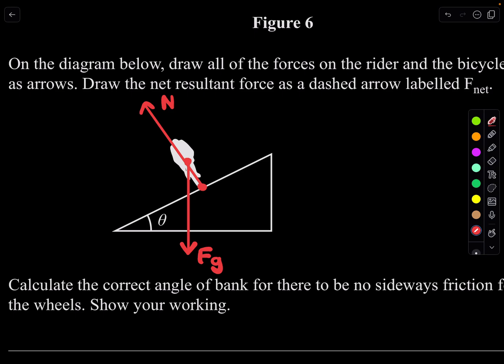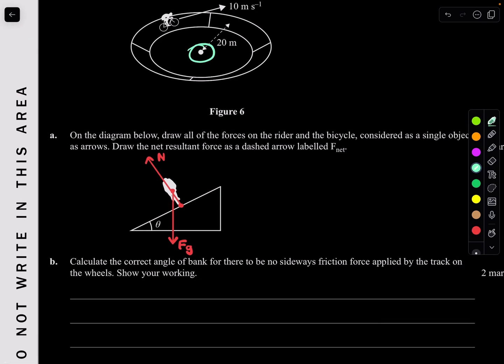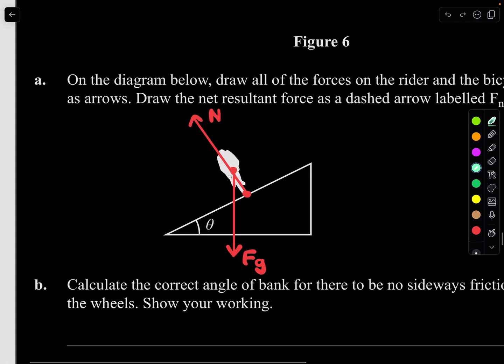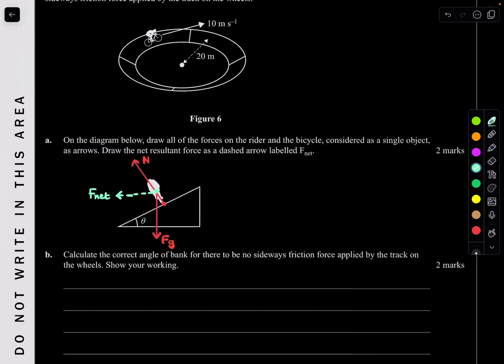And so your F net, where would that be? It will be towards the center of the circle, which is, in this case, right over here. So putting dotted lines, F net. And that's it. A very nice, typical question in exams. Easy marks to get in. How many marks? 2 marks.